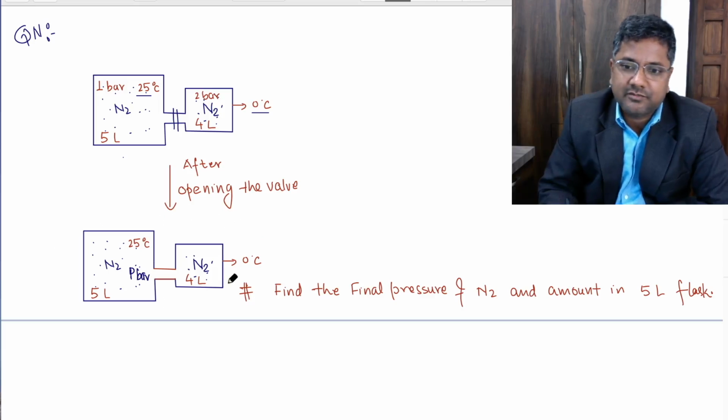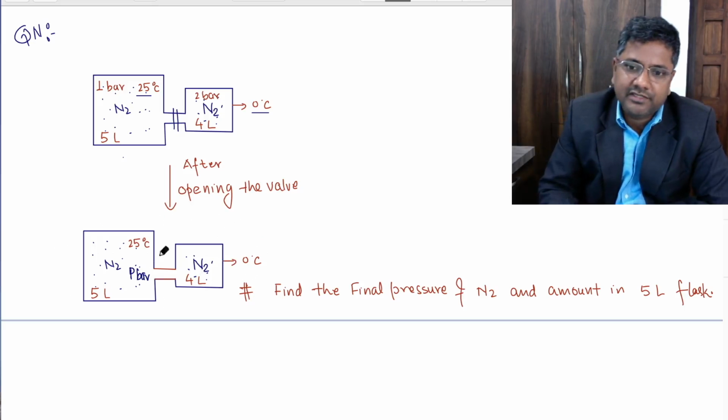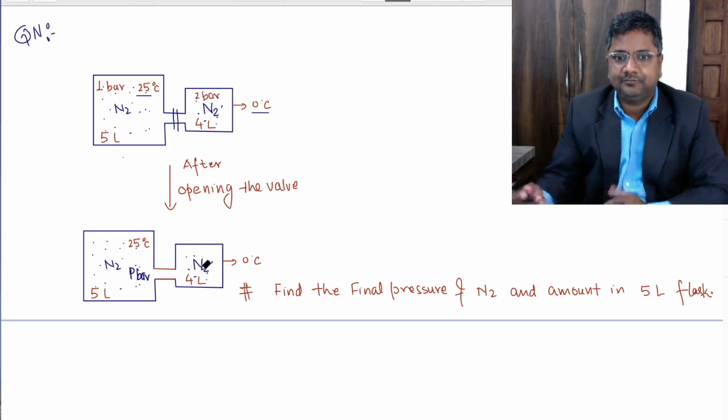So this type of system you may also get. But since both the systems are connected, with regard to pressure, both are a single system. But with regard to moles, volume, and temperature, these two are different, right?